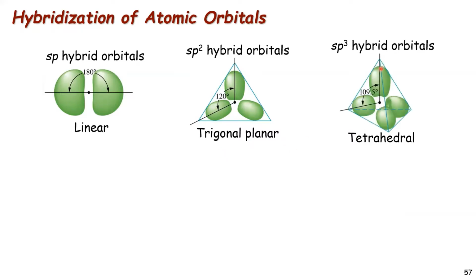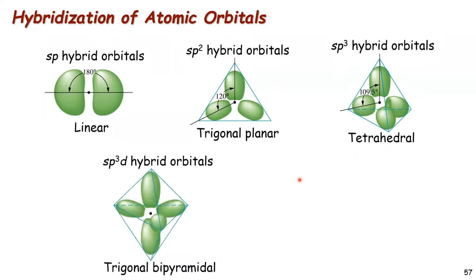And then if we have 1, 2, 3, 4 regions of electron density, that means we're going to need 4 hybrid orbitals. So we're going to use the 1 s and all 3 p. So these are the 4 sp3 hybrid orbitals. And again, that's going to be tetrahedral electron geometry.